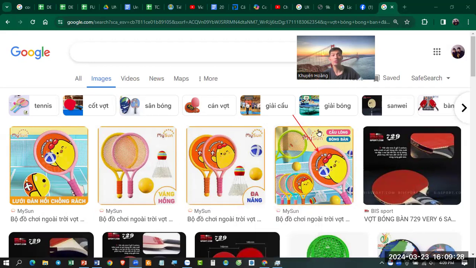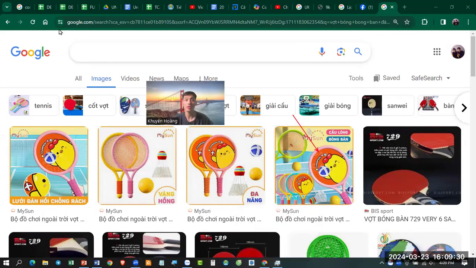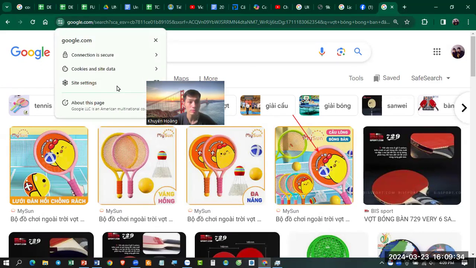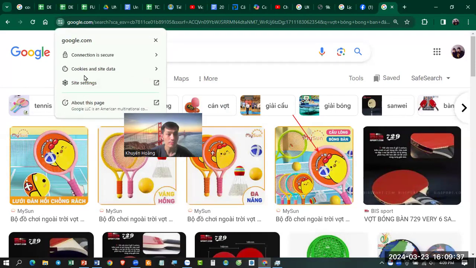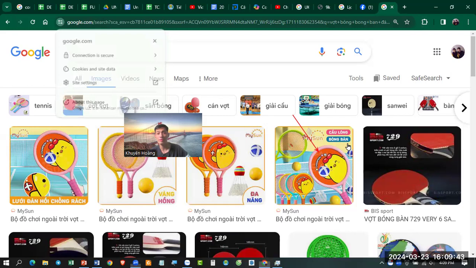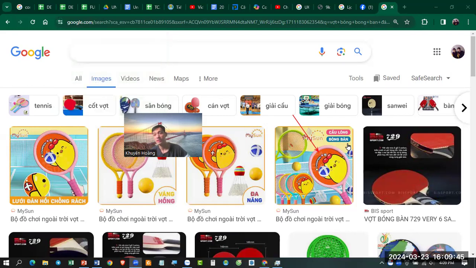Ah, I know the reason why you cannot switch on the camera. You clicked on this, No, right? You didn't give the permission, the right to access the camera.